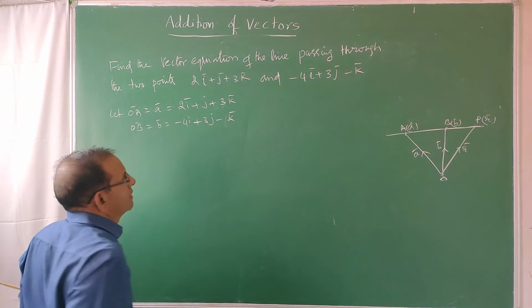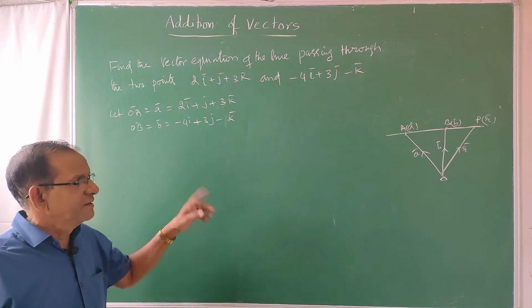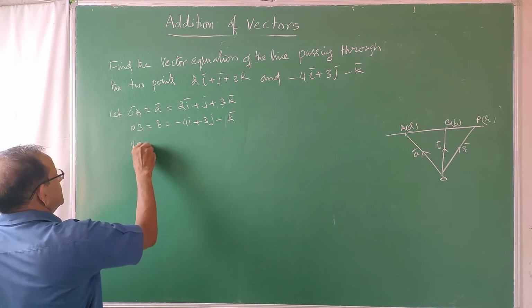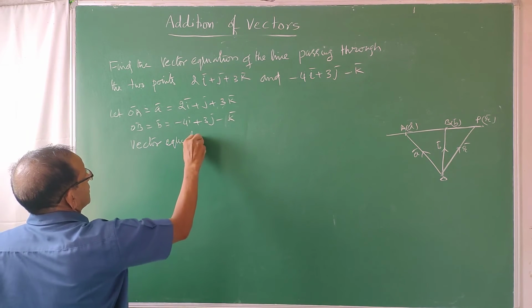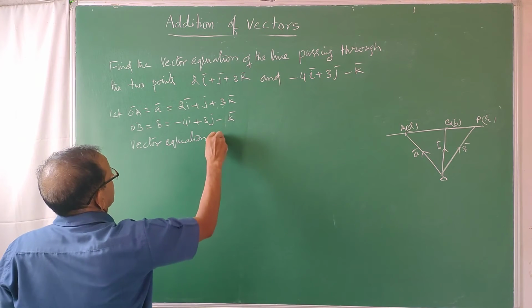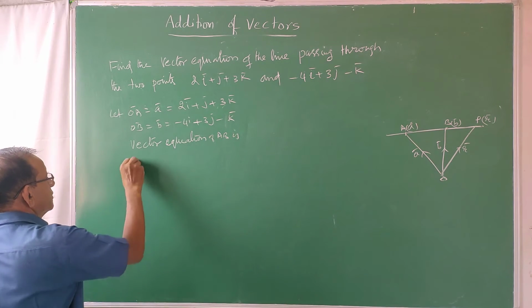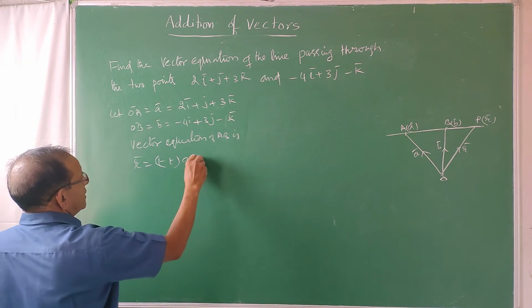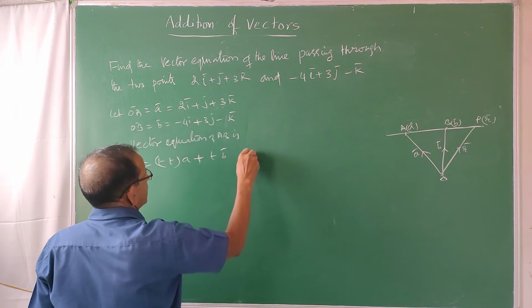So these are the given points. So I have to find out the equation of that line. So the formula is vector equation of AB is r bar is equal to 1 minus t into a bar plus t into b bar, where t is a scalar.